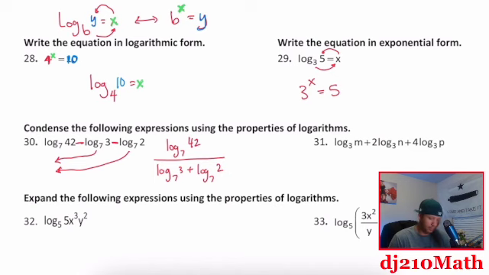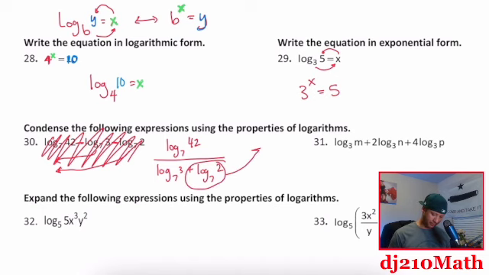The minus log just means you divide. If that wasn't here, we would have to move each of these up, so that would be minus log base 7, 2, and then minus log base 7, 3.